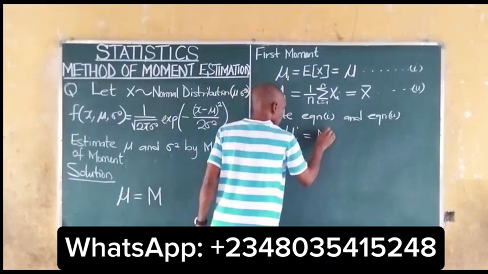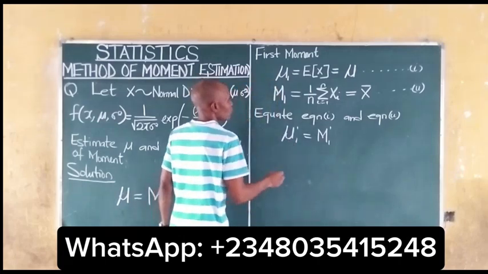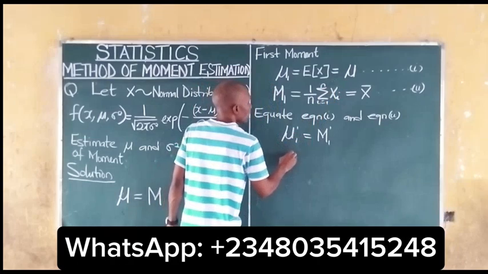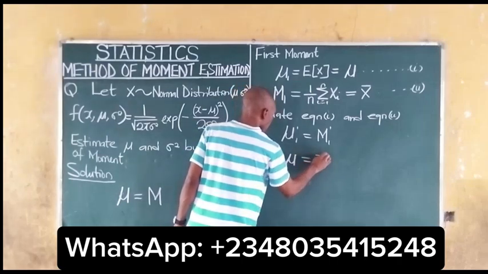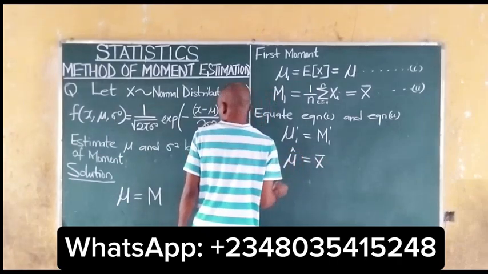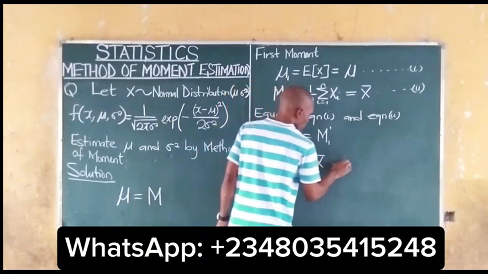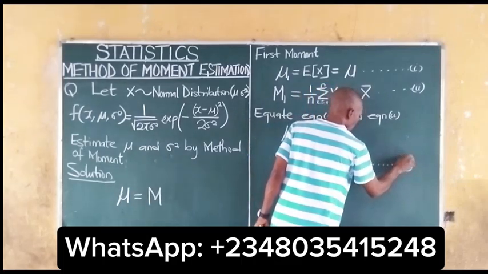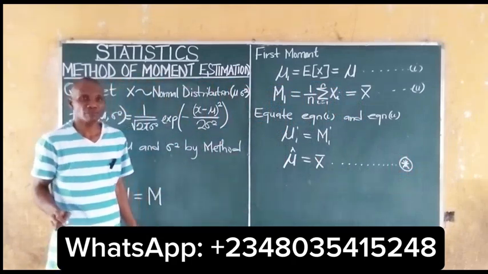For our first moment, the population mean will be equal to the sample mean. So if we equate these two, we'll have that our mean is equal to x bar. So our mean estimate is equal to x bar. We put this as our equation star because we'll recall it back.